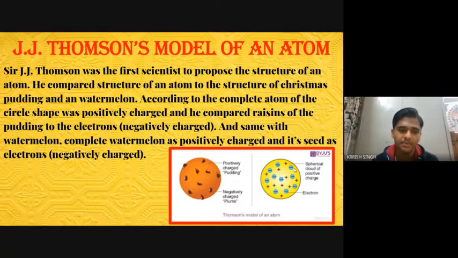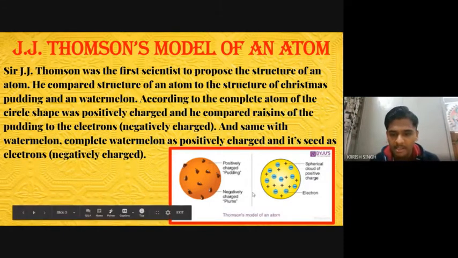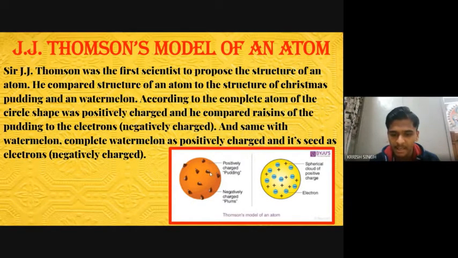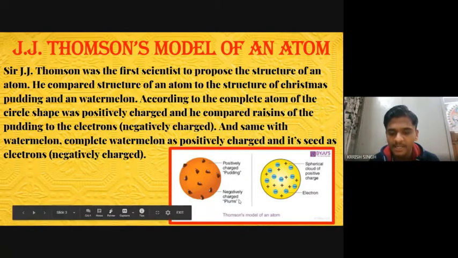The same with watermelon: the complete watermelon is positively charged and its seeds are negatively charged electrons. As you can see in this image, he compared the whole circle to positive charge and the raisins to negative charge.